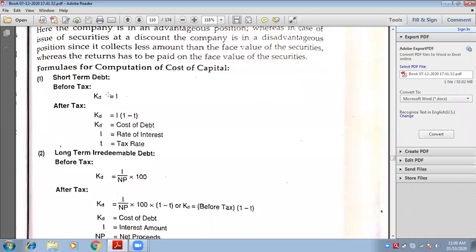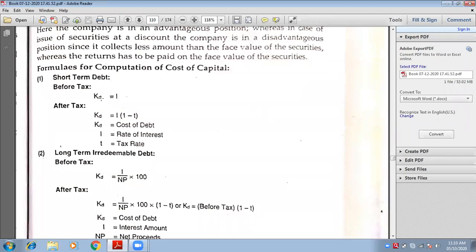Okay, what are they paid now? KD. What is KD? K, and at the foot of K, D is written in small. K stands for cost of capital, COC.